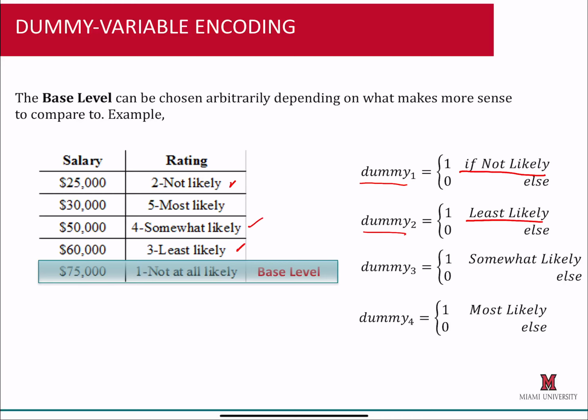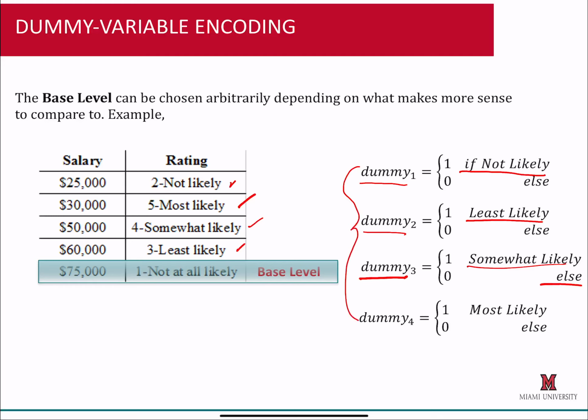We create another dummy variable for somewhat likely, and it's going to have the same approach. And finally, for most likely. So the 4 variables created are, again, binary variables, dummy variables, because they're either 0 or 1 only. And then that would be the approach for a categorical variable with 5 levels.